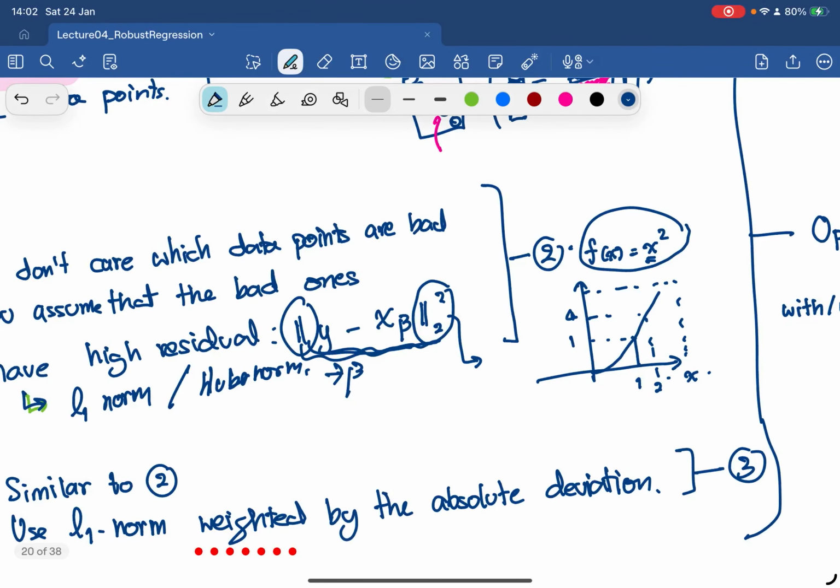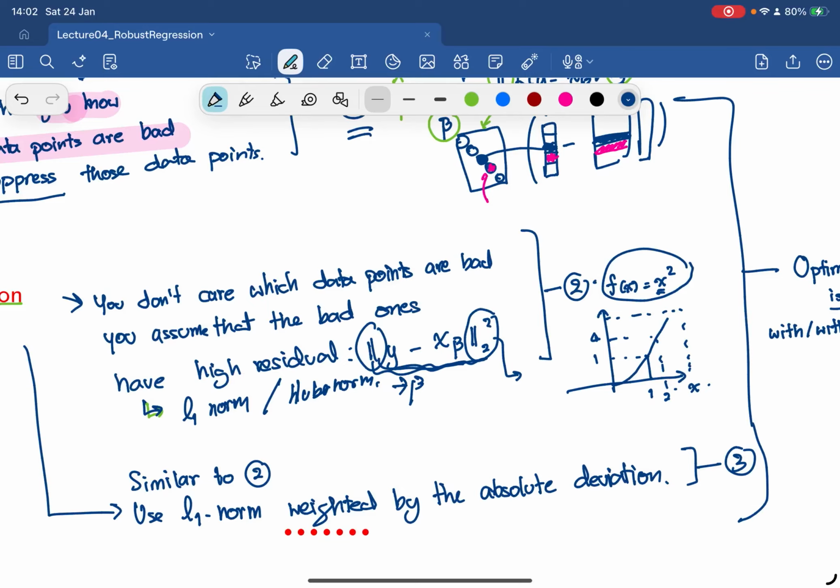Because of that, people also propose changing this square error to maybe L1 error or Huber norm error, so that when your residual is large, it will not have such high impact.